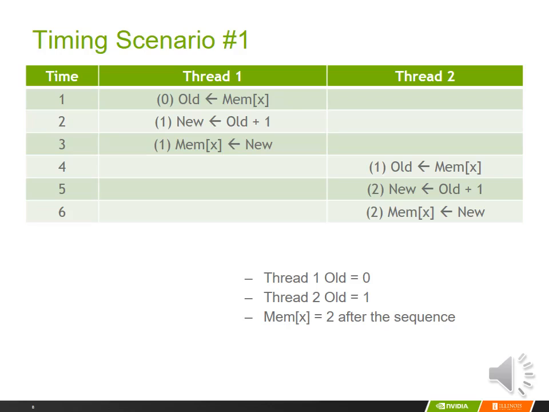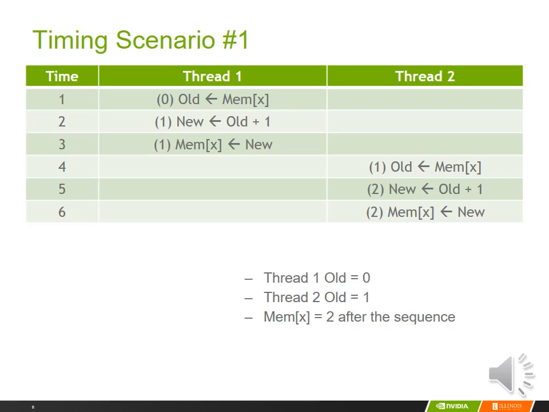At time 1, thread 1 will load the initial value of memory location X into the old variable, and it will write 0 into the old variable. In time 2, thread 1 will add 1 to the old variable value and write value 1 into the new variable. And at time 3, thread 1 will write the new variable value, which is 1, into the memory location X.